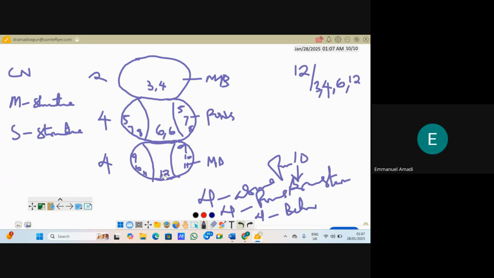Now, this is how you use what I told you earlier about the cranial nerves to pick out what part of the brain the stroke is affecting.